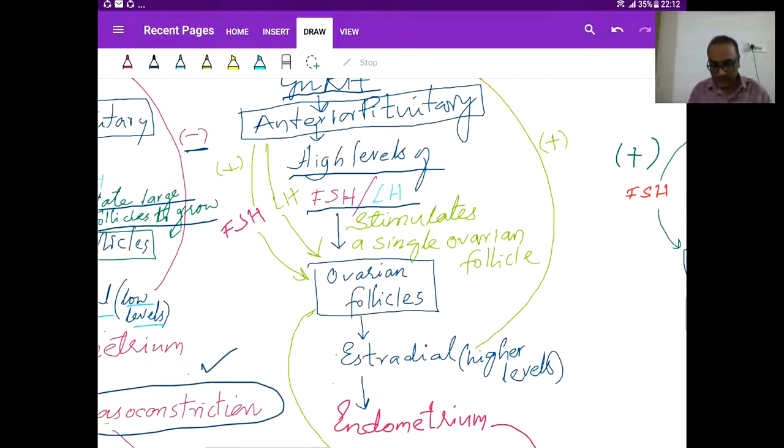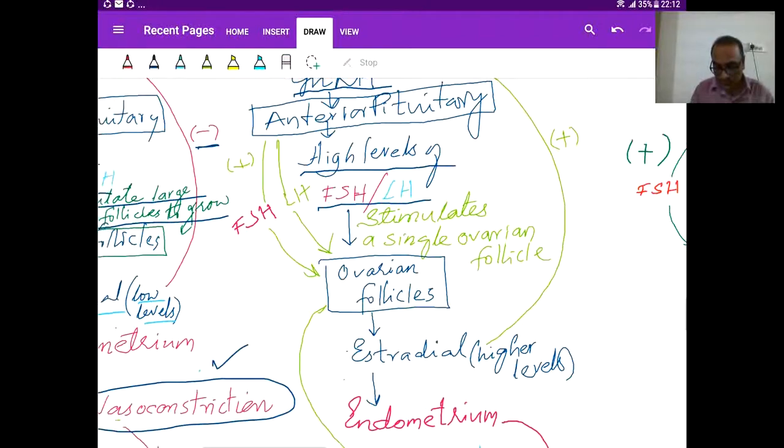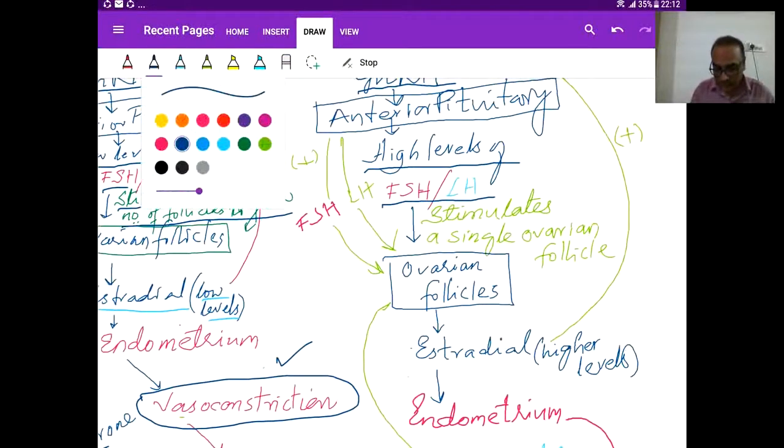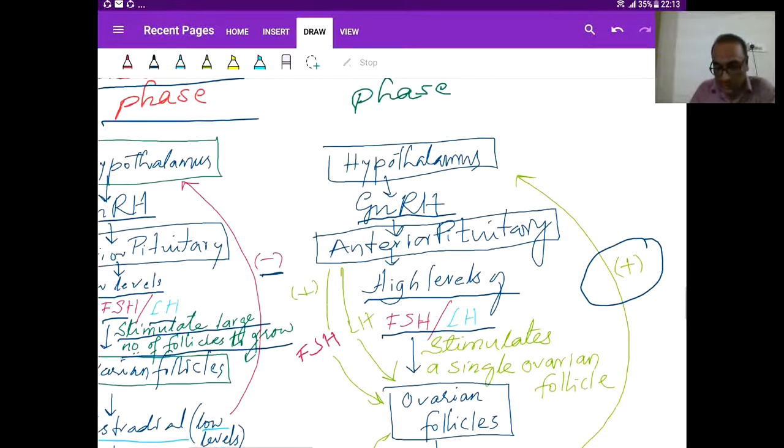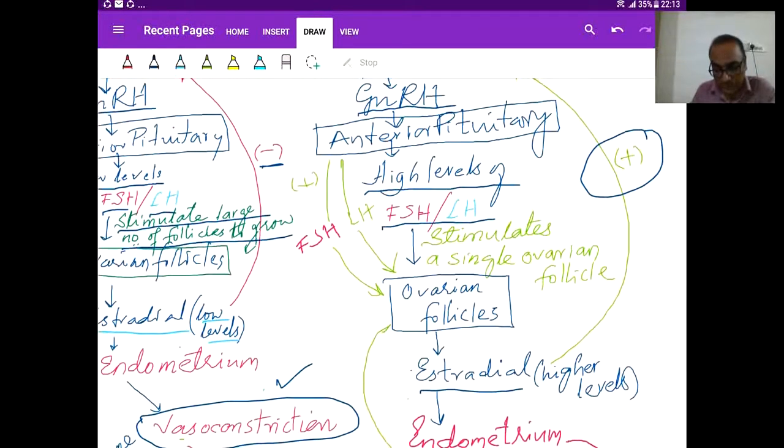The higher levels of estradiol, or the estrogen produced, will have the positive feedback, and that keeps the hypothalamus stimulated always, and GnRH is produced in large quantities, and higher amounts of FSH and LH will be released from the anterior pituitary, and they have a positive effect on the ovarian follicles.